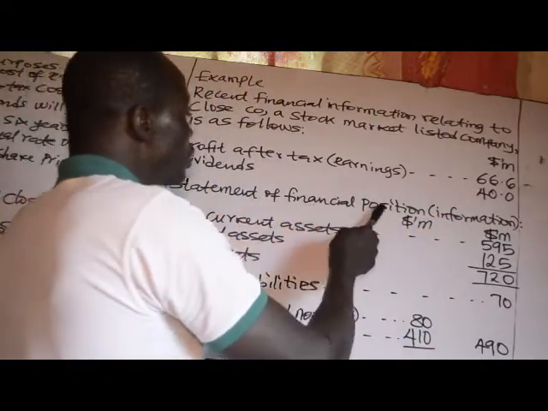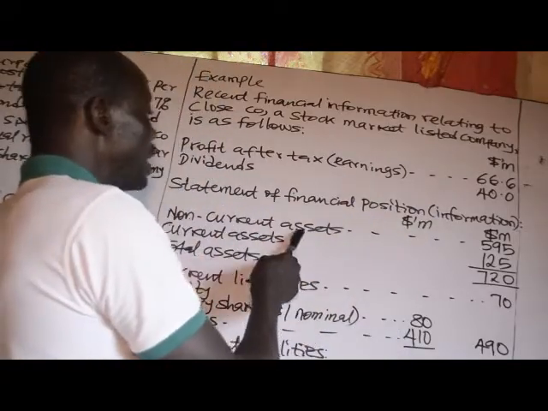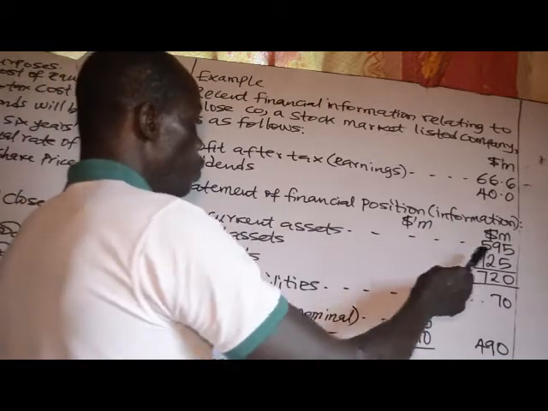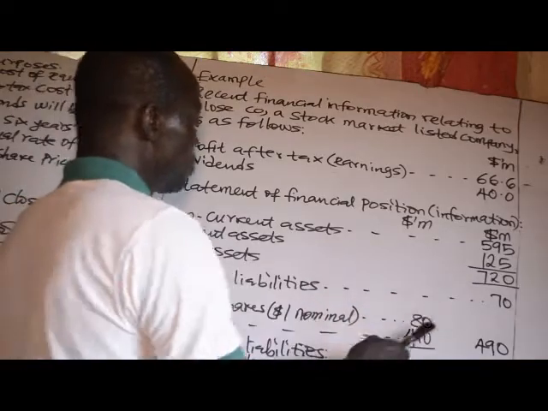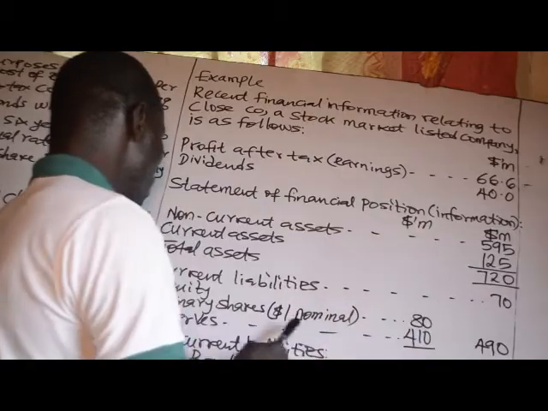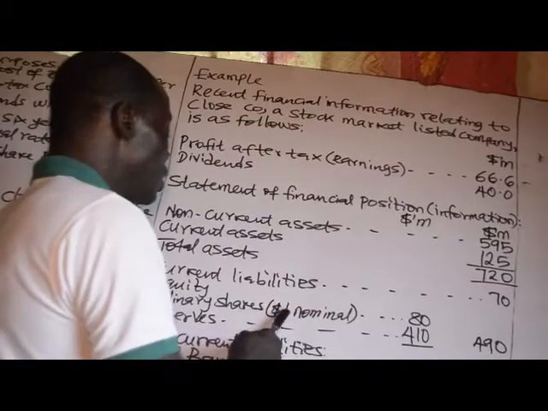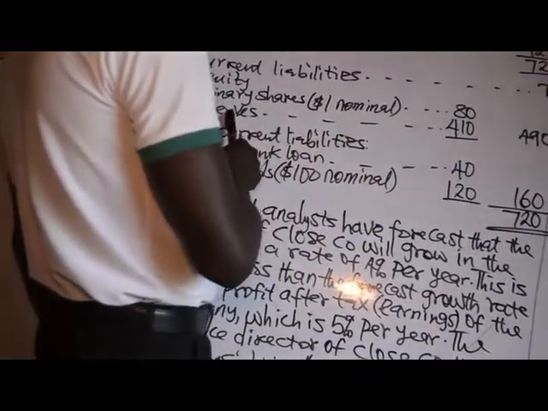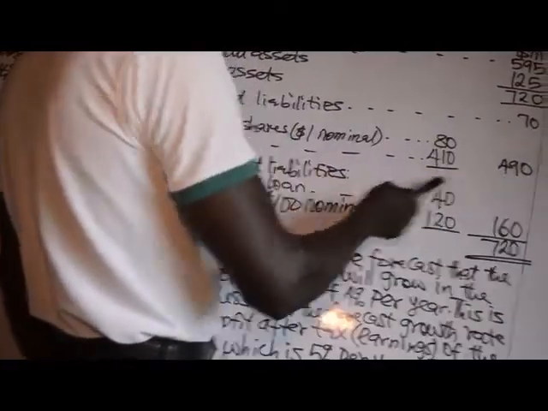Statement of financial position information: non-current assets 595, current assets 125, total assets 720, current liabilities 70, equity ordinary shares of $1 nominal 80, reserves 410, total equity is 490.